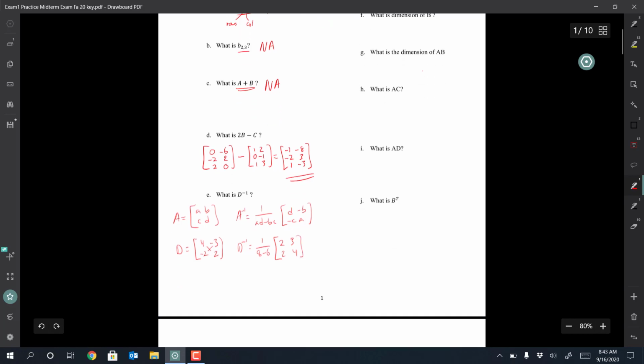I could certainly leave it like that, or I can clean it up a little bit. 8 minus 6 is 2, so if I multiply through by 1/2, I'll get 1, 3 halves, 1 and 2. This would be my inverse. I can always check that by just taking D inverse times D, and hopefully I'll get the identity matrix. So that would be my check if I wanted to when I'm all done.